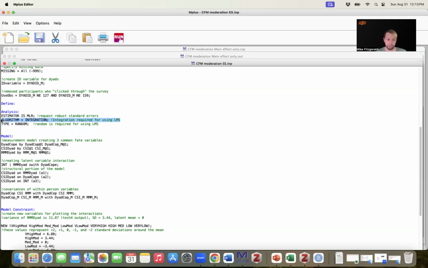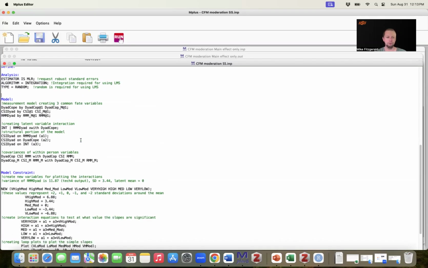Mplus is exceptionally quick, so it likely won't take all that long, but if you have an older computer or you're working remotely, this analysis can take a decent amount of time, several minutes for models to converge. We also need to add type equals random, which is also required for latent moderated structural equations.